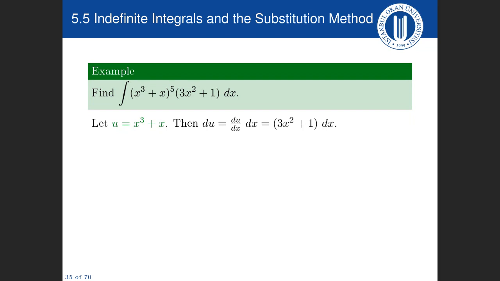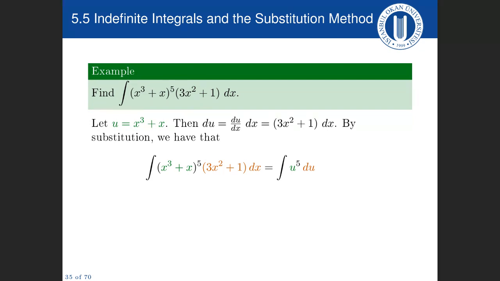Then, using the idea from the previous slide, du is the same as du dx dx, which is 3x squared plus 1 dx. I have a 3x squared plus 1 dx. So we can do the substitution.